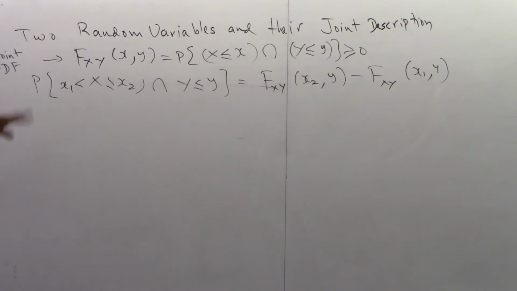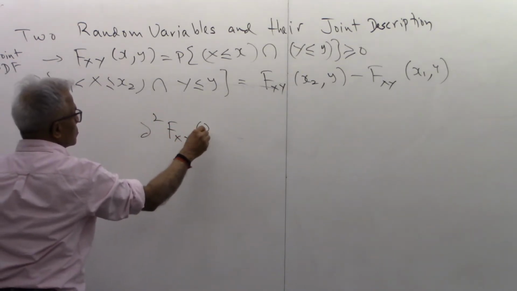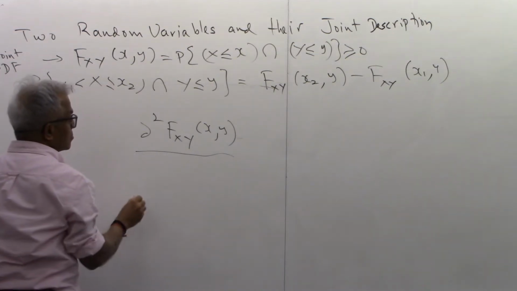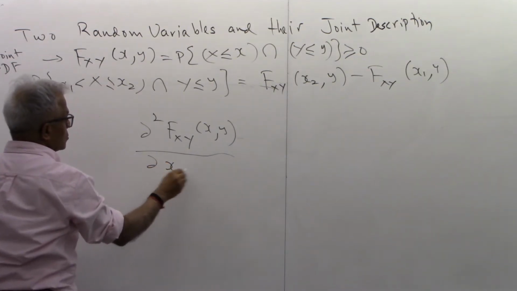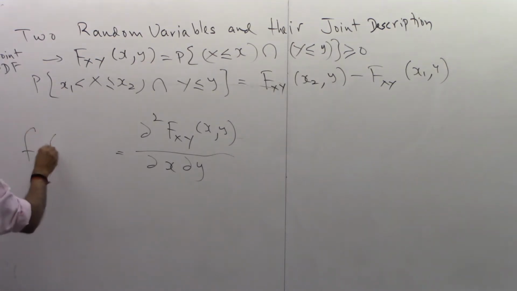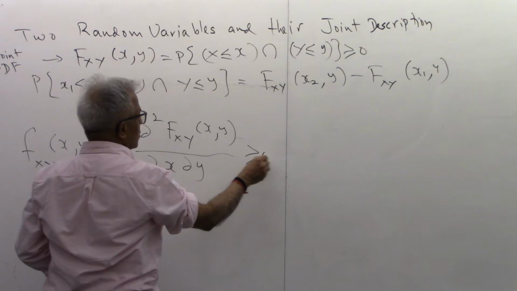Now, if you have a function, you can take its derivative. So we have two variables. We'll denote it by small f. That's also a function of x comma y. Again, going through the same delta x, delta y, this is non-negative.